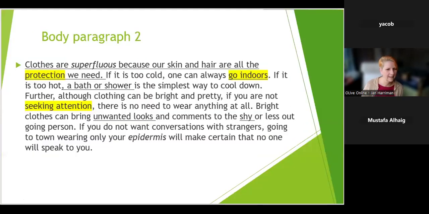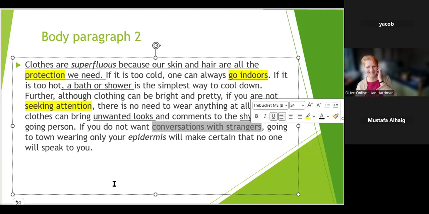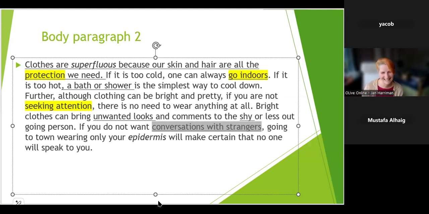What else? So, and our last point on this one.